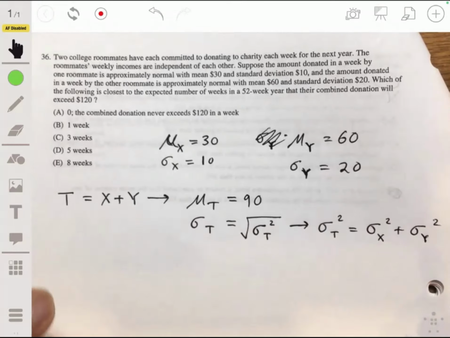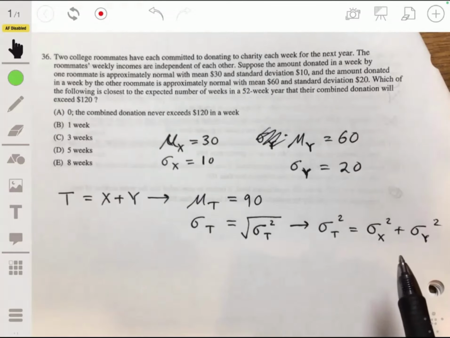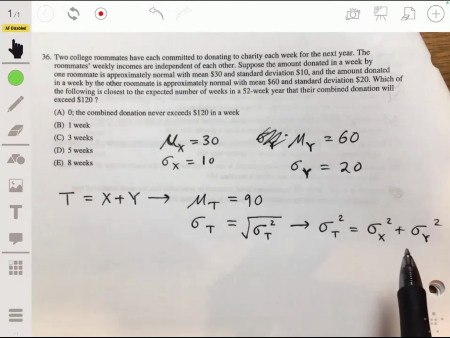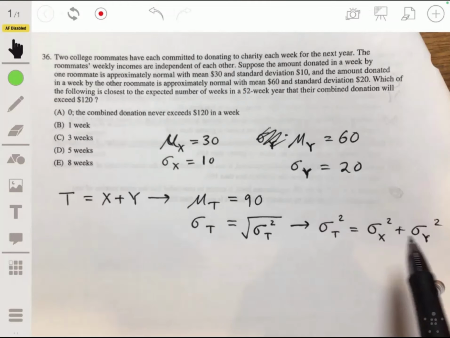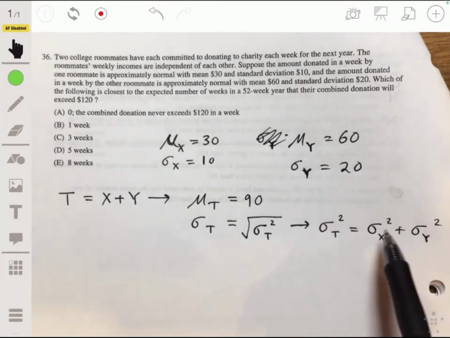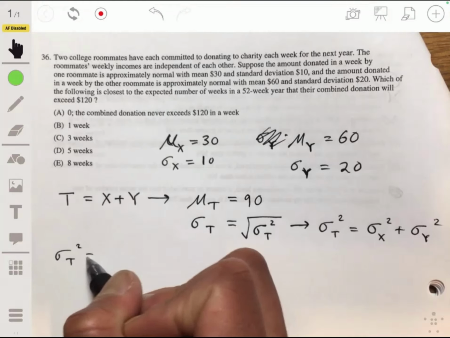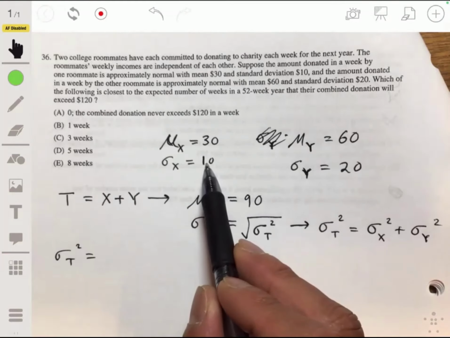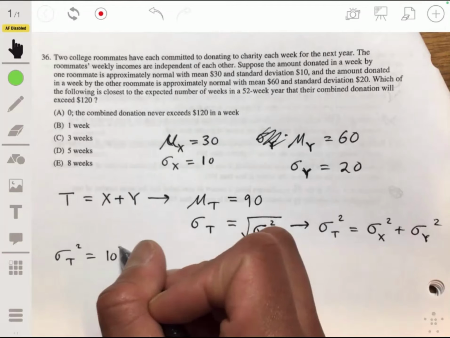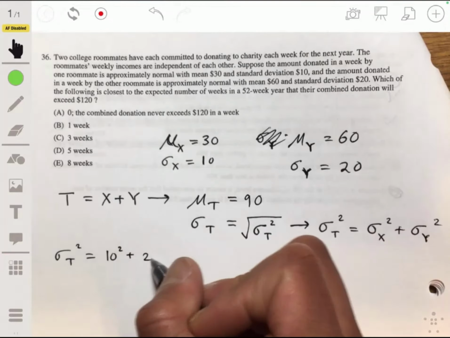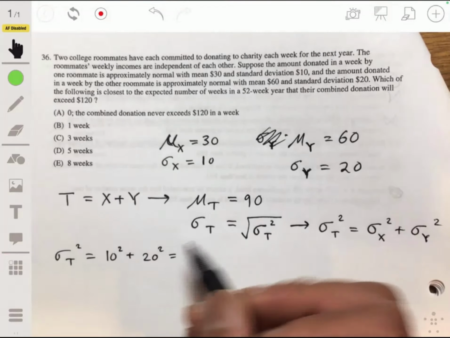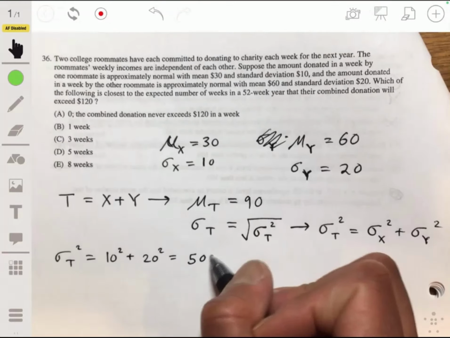This is probably the one thing you have to really remember when you're talking about random variables: you can't simply add the standard deviations, but you can add the variances and then take the square root of the sum of the variances. So then taking the variances, the variance of T is going to be 10 squared plus 20 squared, or 100 plus 400, or 500.